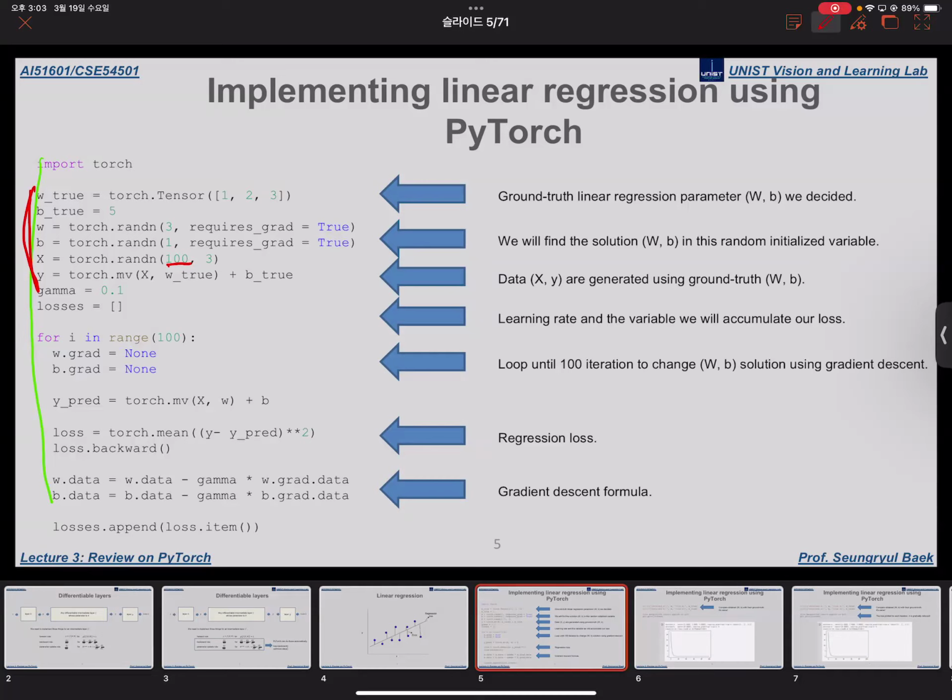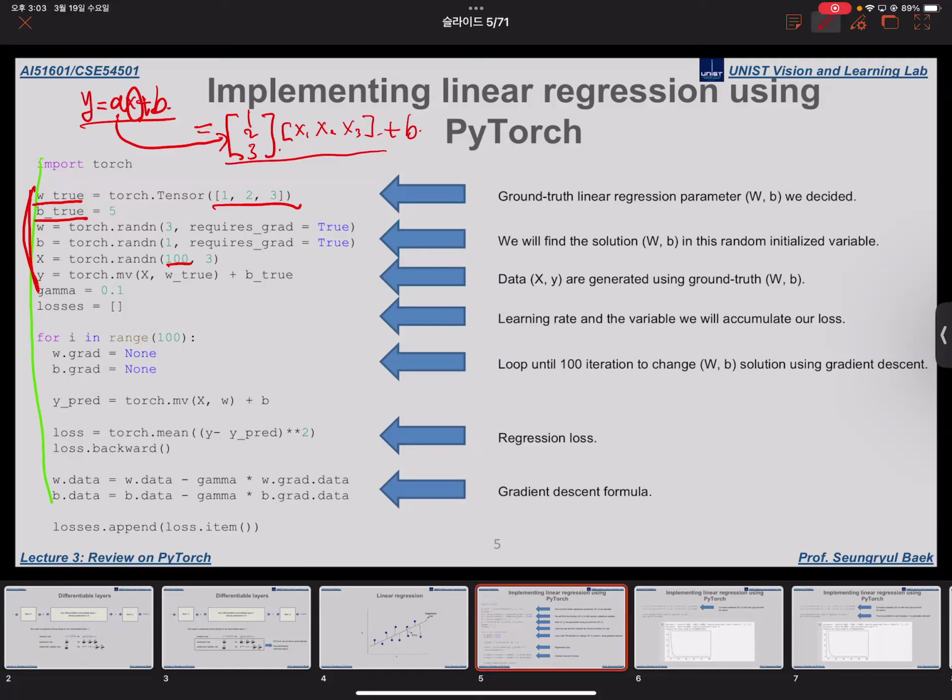So we first have to define this true W and true B. And also here, our linear equation is assuming that the X is a vector, not a scalar. So that's why we have multiple dimensions for this parameter A. So here we are assuming that our input is also multi-dimensional.